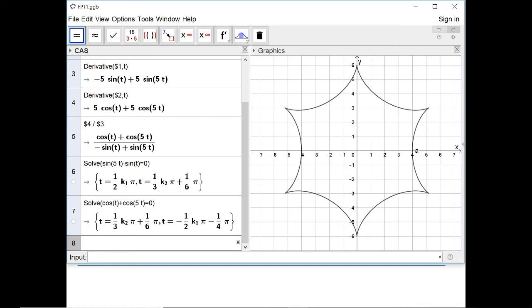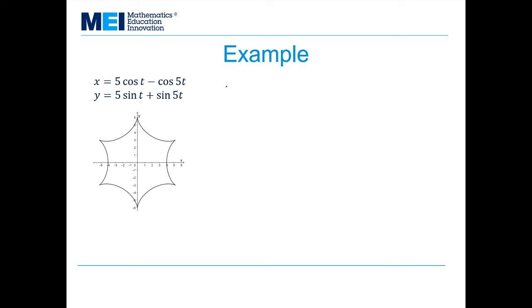Let's have a look at how we can start writing these solutions up then. So I know from the previous video that dy by dx was equal to cos t plus cos 5t divided by sin 5t minus sine of t.